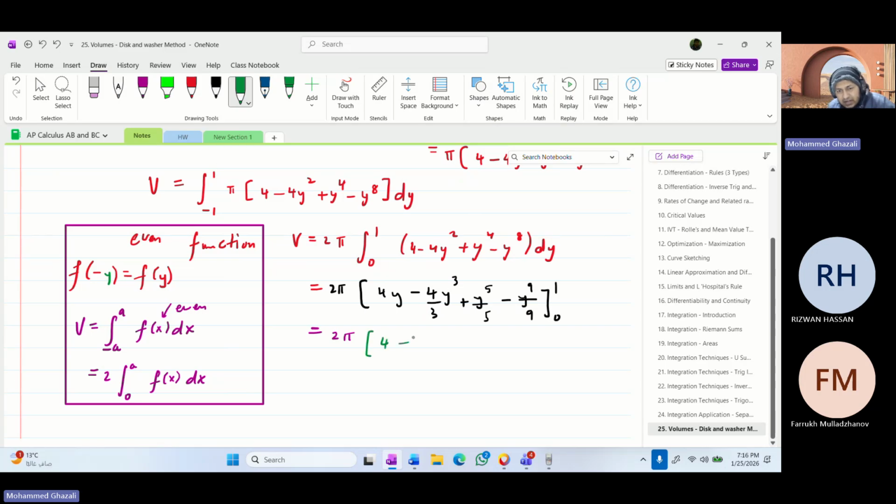And then this is just 4 minus 4 thirds plus 1/5 minus 1/9. You can just work this whole thing out on the calculator. You should get an answer.